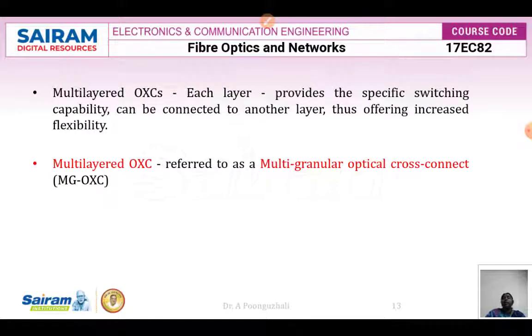In a multi-layered optical cross connect, each layer provides a specific switching capability, and it is connected to another layer, which offers increased flexibility. A multi-layered optical cross connect is referred to as a multi-granular optical cross connect.